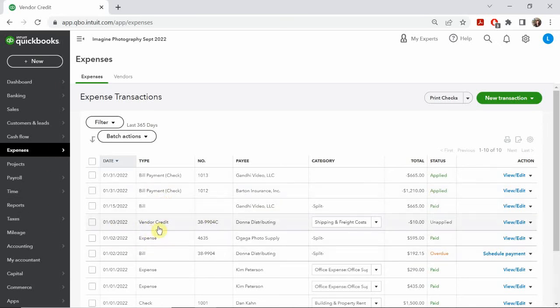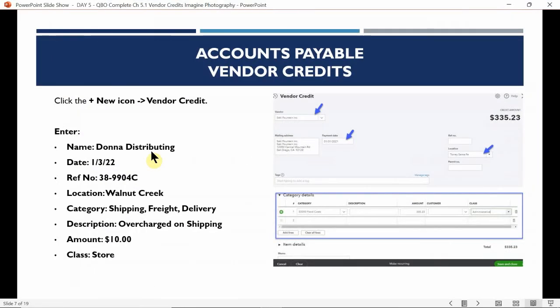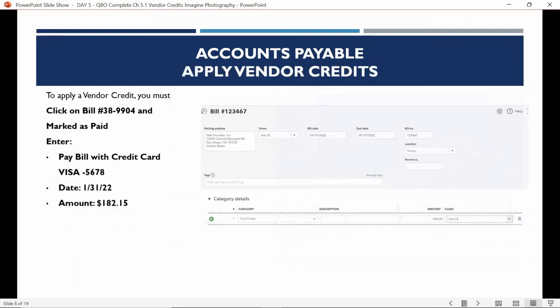Okay, now how do I apply the vendor credit to that particular bill? Well, I have two options. Now, this can only happen when you are making a payment to the bill. If you're not going to make a payment to the bill, then you can't apply the vendor credit.